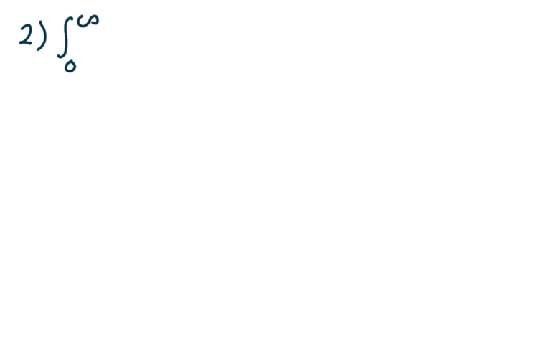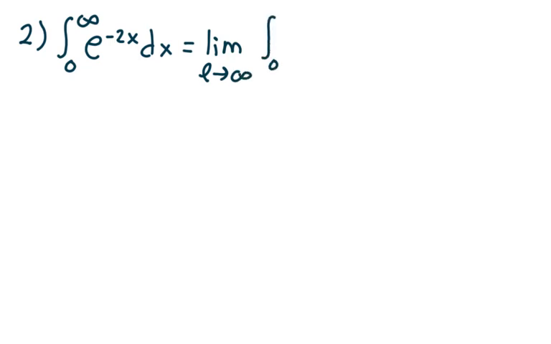Suppose we have the integral from 0 to infinity of e to the negative 2x dx. So this is the limit as L goes to infinity of the integral from 0 to L of e to the negative 2x dx.